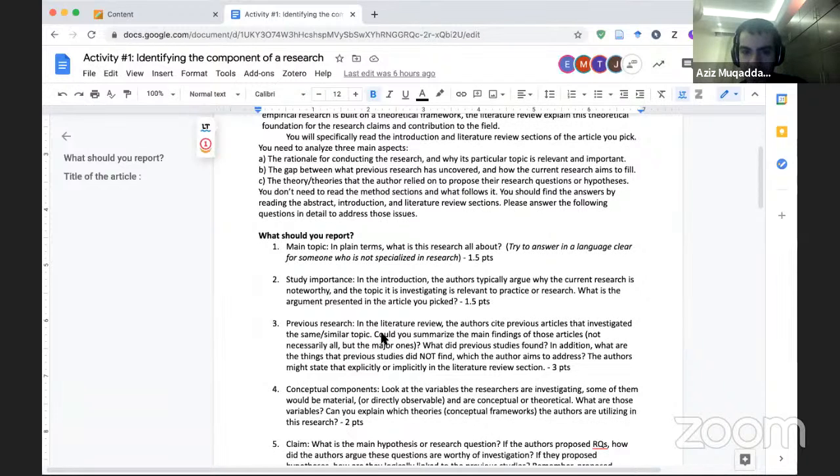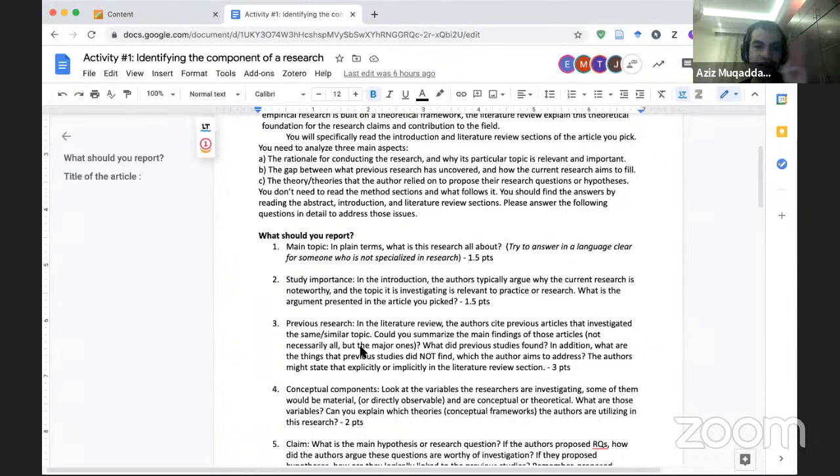Number 3 is a little bit trickier. In the literature review, the authors cite previous articles that investigated the same or similar topic. Could you summarize the main findings of these articles? And let me point out here, the authors would list a lot of articles. You by no means have to summarize them all.